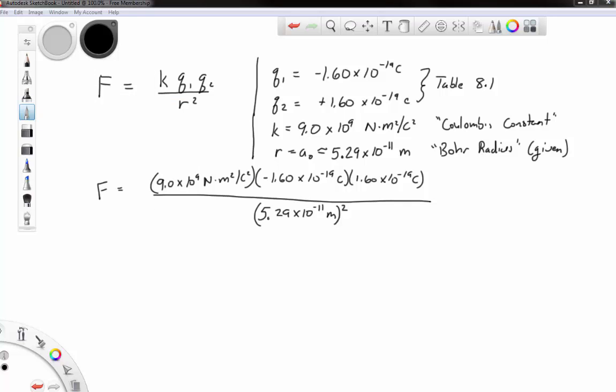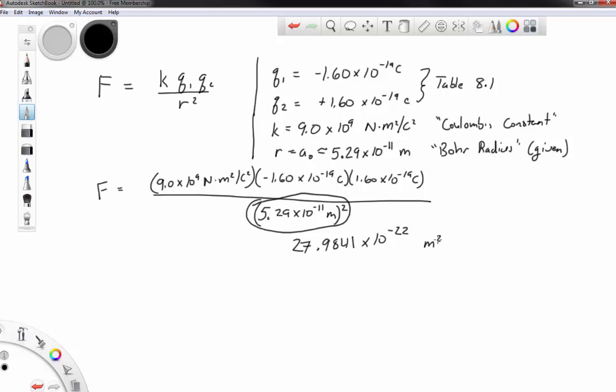The reason why I'm doing that is I'm basically just trying to figure out what this denominator is going to be, and I have to square this and I have to square this. So this basically has become 27.9841 times 10 to the minus, since I have a minus 11 and I'm squaring it, I multiply this 2 times this 11, so it's minus 22 meters squared.